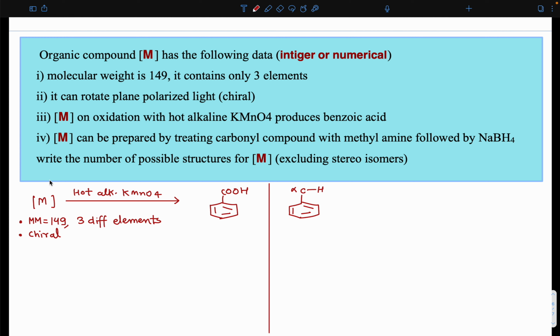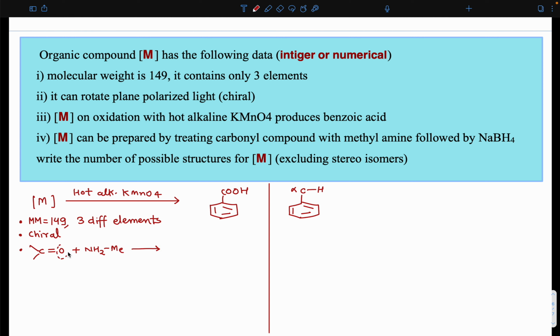So the fourth hint is M can be prepared by treating a carbonyl compound with methylamine followed by NaBH4. Carbonyl compound with methylamine, NH2CH3. This is basically an NH2Z reaction.